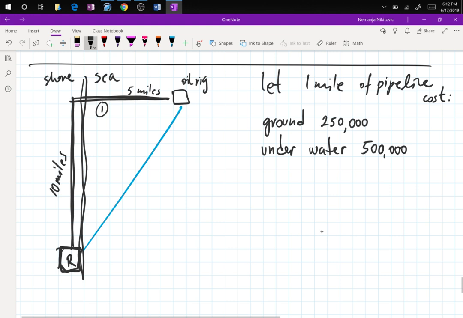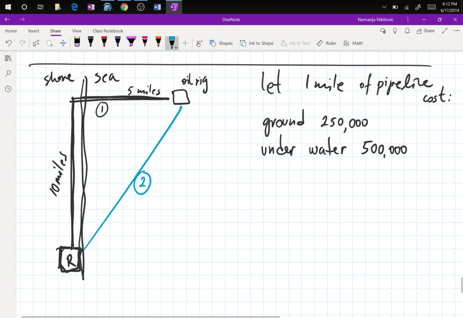If you look at the blue, everything is underwater, but it's the shortest distance, right? So blue also has its use. Maybe. Let's see which one is better.